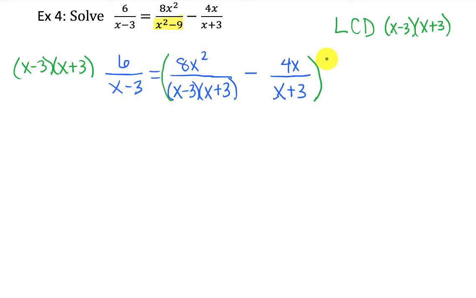On the left, if I multiply by 6 over x minus 3, these x minus 3 quantities will cancel out, and we're just left with 6 times the quantity of x plus 3.